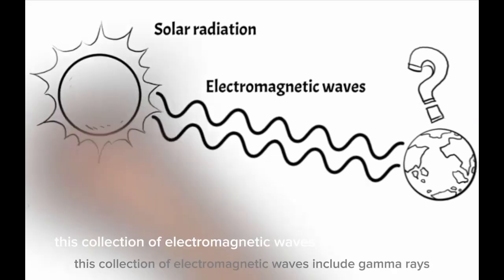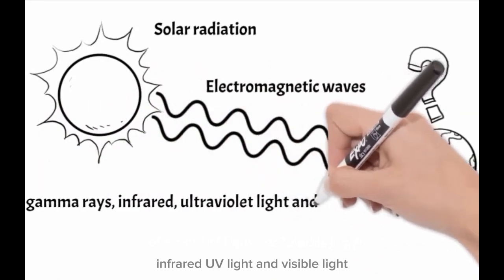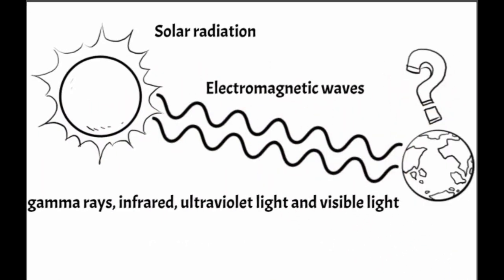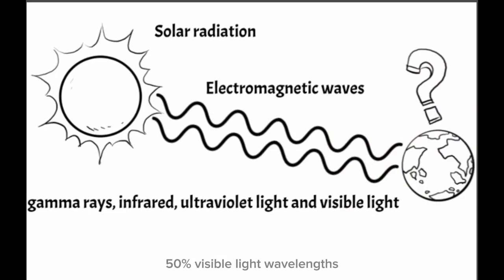This collection of electromagnetic waves includes gamma rays, infrared, UV light, and visible light. Solar radiation is comprised of approximately 40% infrared wavelengths, 50% visible light wavelengths, and 10% ultraviolet wavelengths or shorter, which includes X-ray and gamma waves.